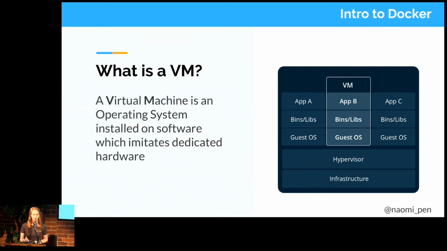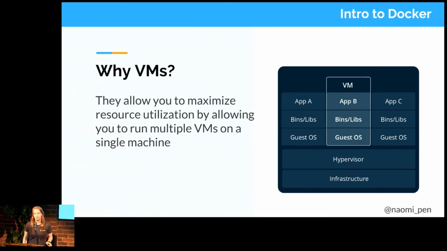Then you've got some binaries, and you've got the app itself that you want it to run. Why would anyone want to use these VMs instead of just buying a new server for each new application that you want to run? Well, that's essentially the point. It's a bit wasteful if you buy a new server for each application you want to run. So the idea was to use the resources in a better way, using VMs that could share the resources underneath.